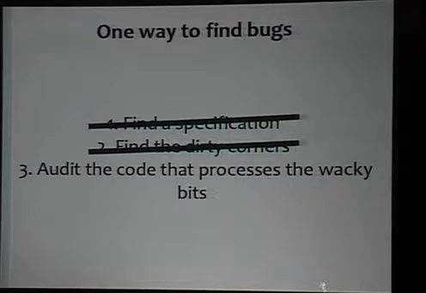And then finding the dirty corners. I don't know if anyone's seen my blog entry or has been in the business for more than a year, but differential reversing is where you run multiple inputs through a program and look at the coverage, then diff the coverage to find out what the difference in the inputs did. So you find places in the program that process just the part of the format you're interested in.